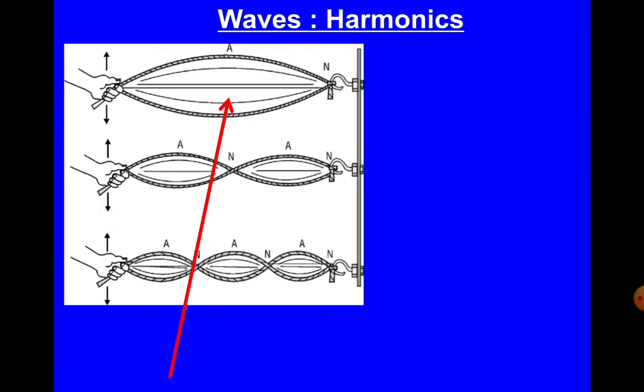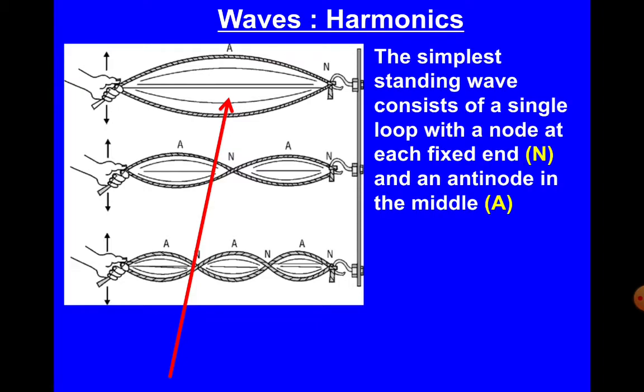Now, how does this look when we make use of musical instruments? We are talking about harmonics, okay? This is the simplest standing wave, consisting of a single loop with a node at each fixed end. So we have two nodes and one antinode. Here we have a node and a node there.